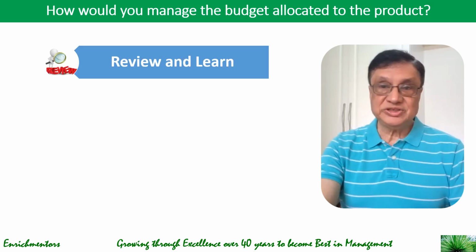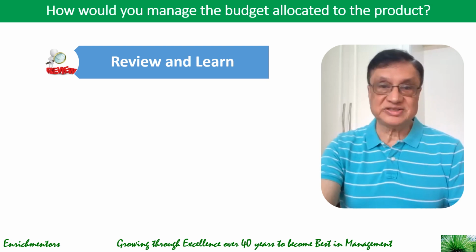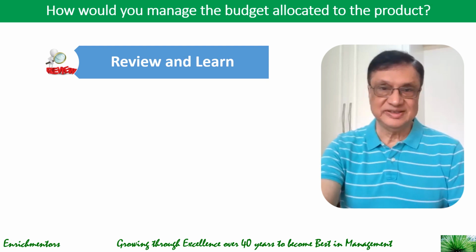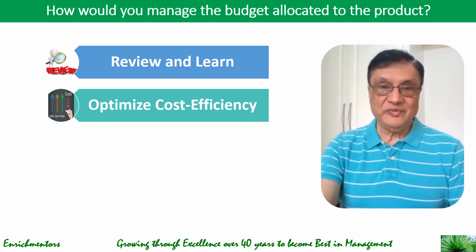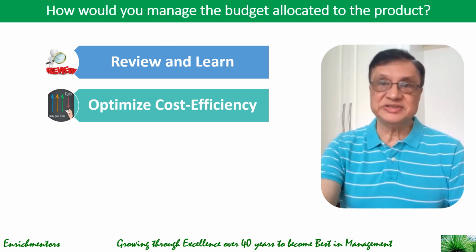Regularly conduct budget reviews to assess what's working and what is not working, and use these insights to refine your budgeting and resource allocation processes for future product cycles. Continuously look for ways to optimize cost efficiency without compromising the product quality and time requirements.